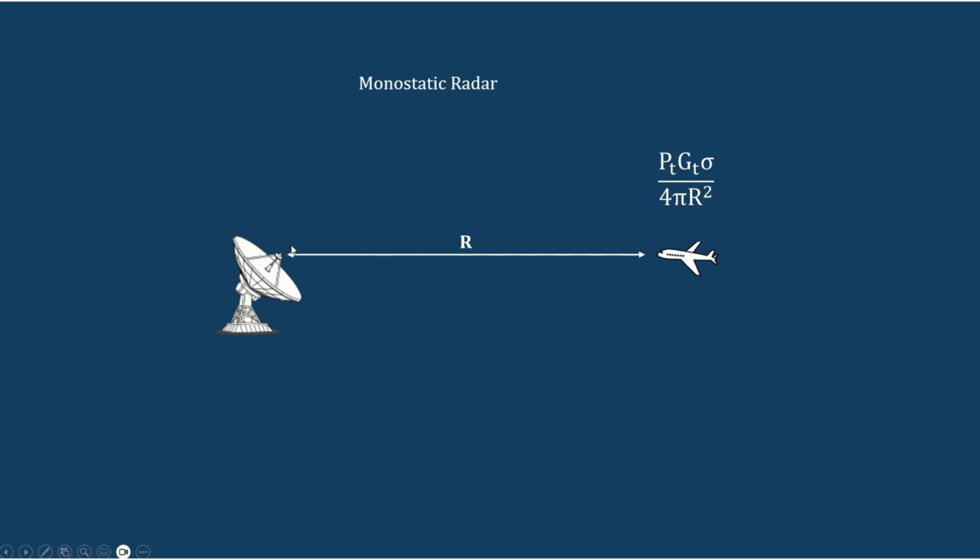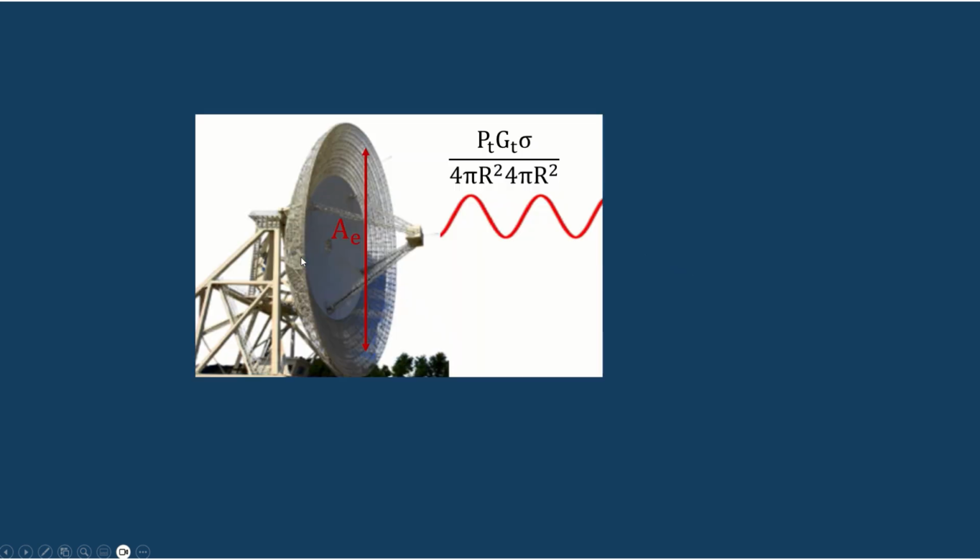So the received power at the receiving end will be Pt Gt sigma by 4 pi r square into another 4 pi r square term. So this is the contribution from the returning path. So this is the total power reaching back to the receiver.